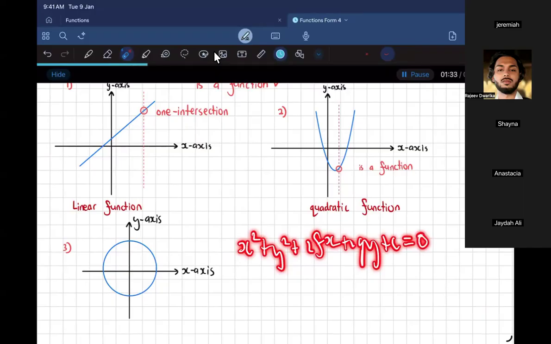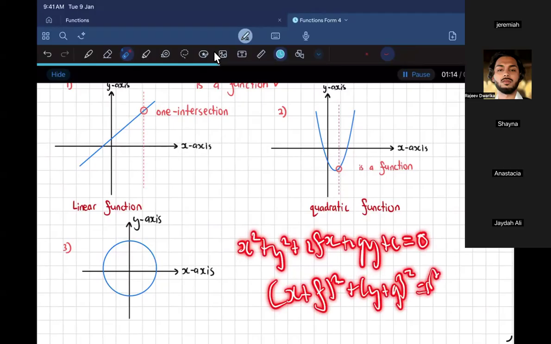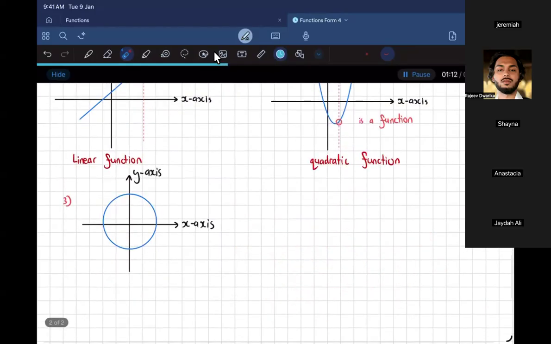I never learned that. Serious? I swear. I don't know what kind of maths I was doing. This is the general form for a circle, and then I have the one that is (x plus f) squared plus (y plus g) squared is equal to r squared. So the general form and the standard form. Never learned that.